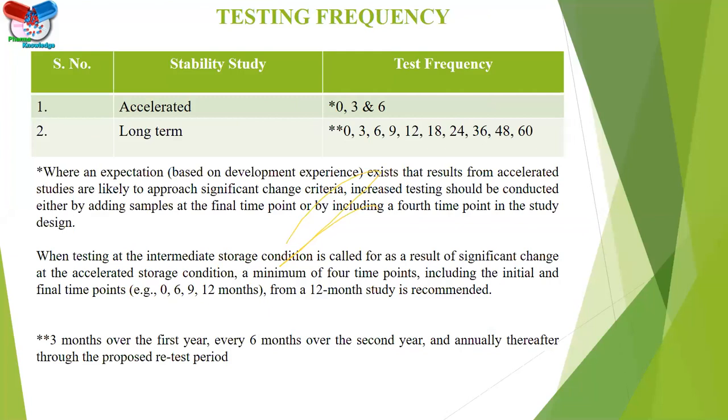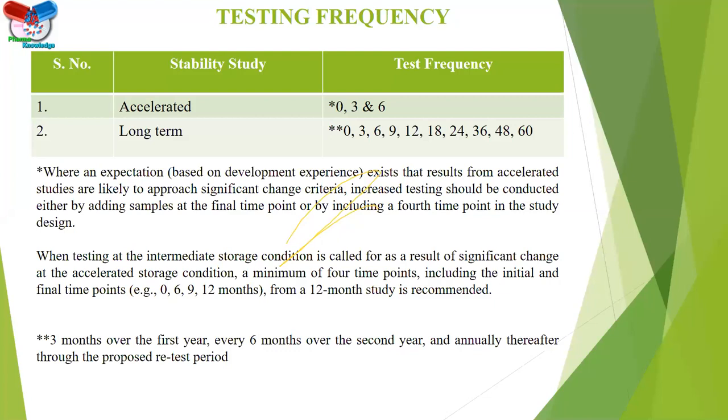For the long-term condition, it's T0, meaning initial, then 3rd, 6th, 9th, 12th, 18, 24, 36, 48, 60, and so on on a yearly basis. That means for the long-term condition, every 3 months over the first year, every 6 months over the second year, and annually thereafter through the proposed retest period.